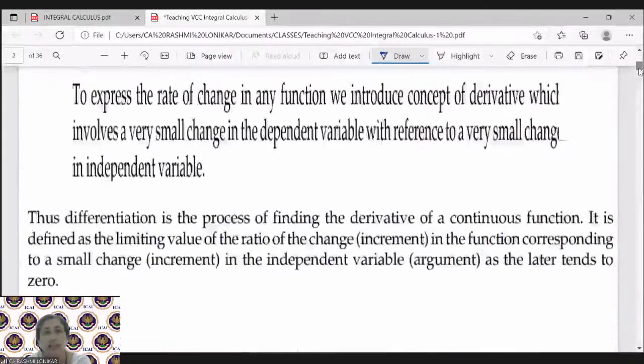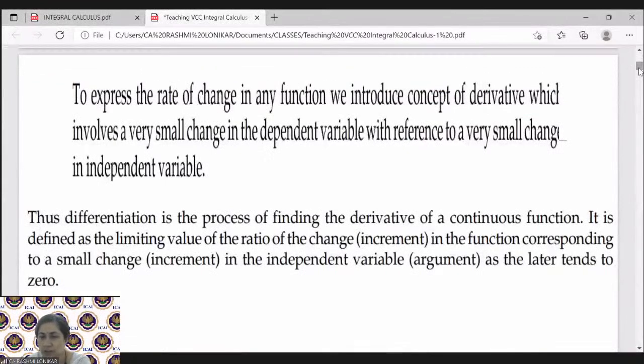In differentiation, to express the rate of change in any function, we say a very small change in the dependent variable with reference to a very small change in the independent variable. Then we say that differentiation is the process of finding the derivative of a continuous function.